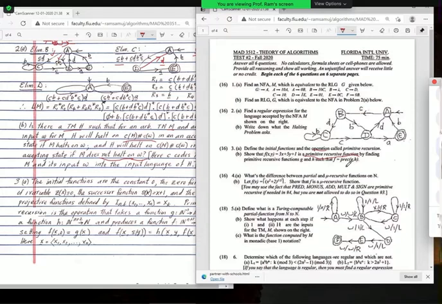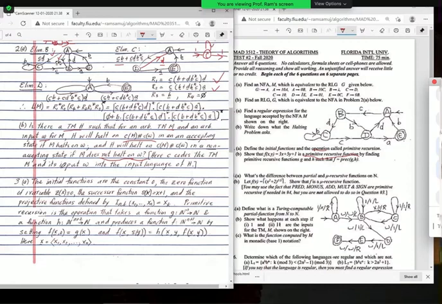So the initial functions are the constant 0, the 0 function of one variable, c of x, the successor function, and the projection functions I n sub k of x1 to xk, which is equal to xk. And you're thinking, oh, okay, I agree with that.